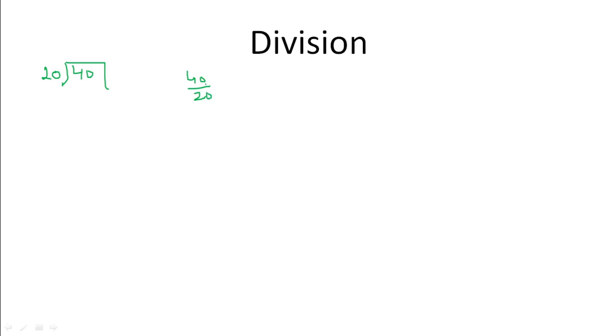Okay? And we just cancel these zeros. Unit place 0, unit place 0. We will just leave them like that. 4 divided by 2. 2 twos are 4, so we have divided this in a simple way, only like this.